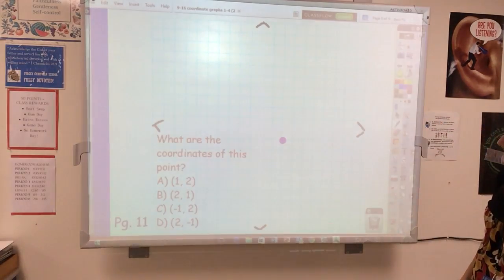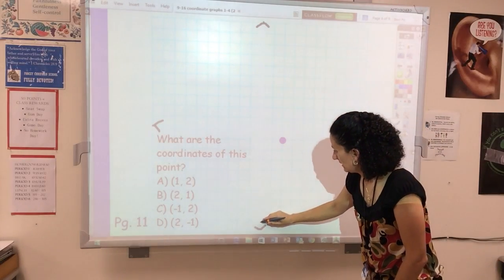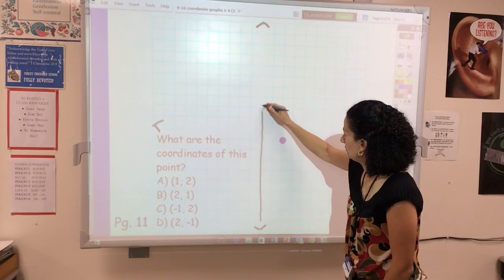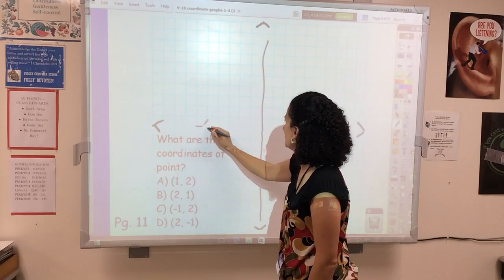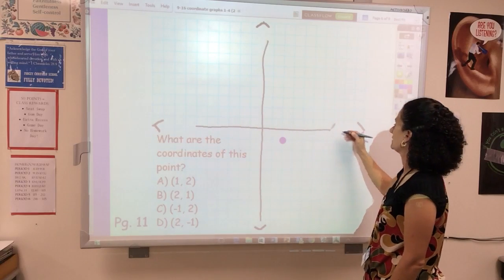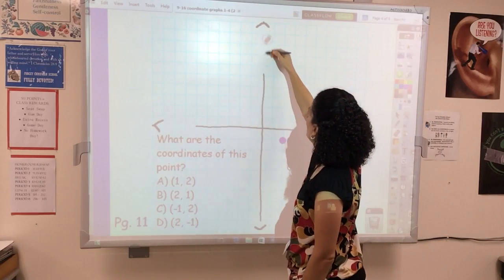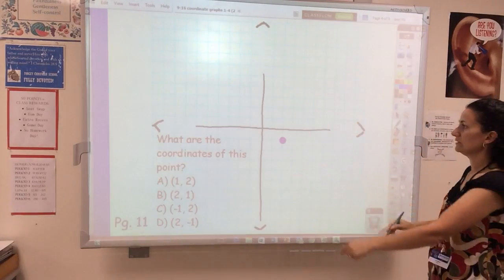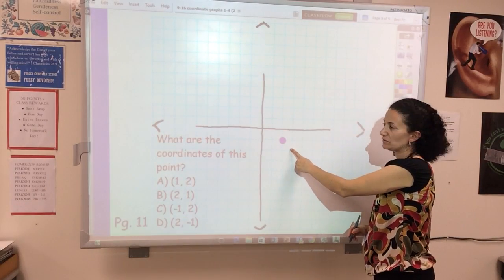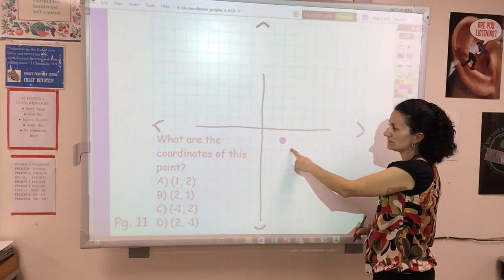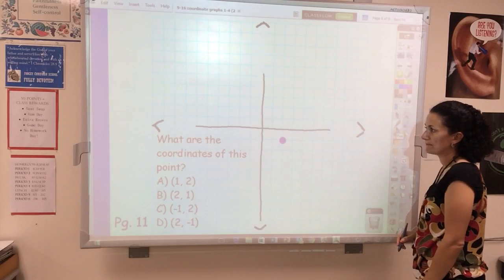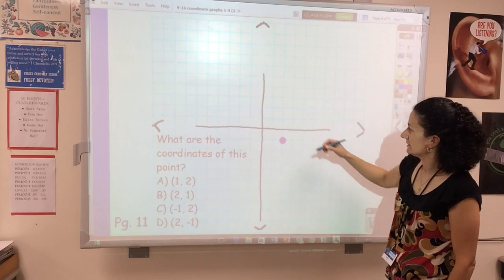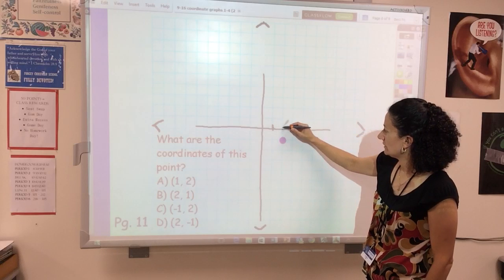Let's look at another one. Now this one's hard to see. Let me draw the graph for you, the grid. There's the y-axis. There's the x-axis. Kind of hard to see. You don't need to look up that far. Look at this purple dot here and see if you can figure out the coordinates of this point. And I'll help you out because I know the lines are kind of faint.